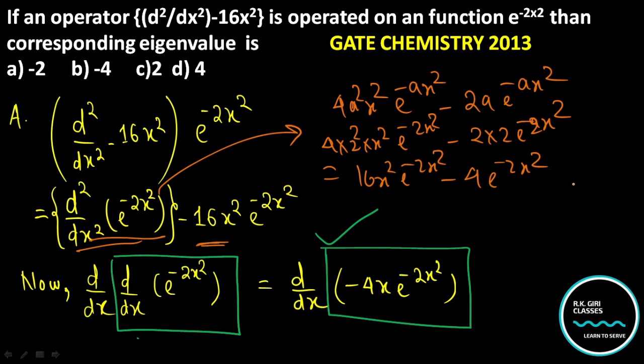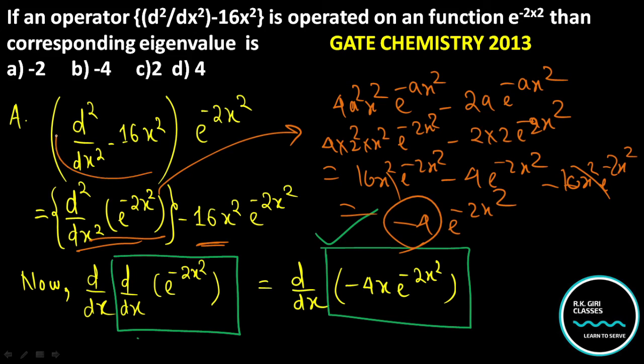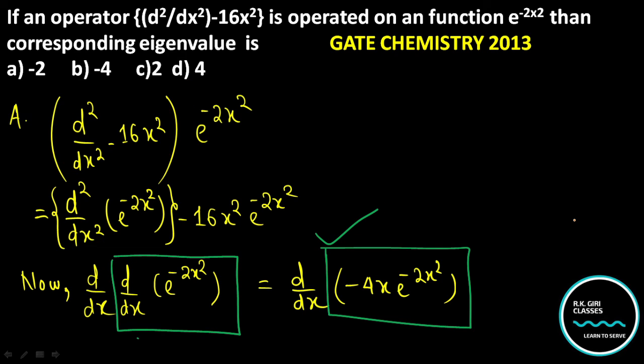And this one minus 16x square e to the power minus 2x square. Okay, so cancel this one. What was your result? Minus 4 e to the power minus 2x square. So this one minus 4, this was operator A, this one psi 1, this one A psi 1, right? So you have only 6 steps, so don't go for these lengthy steps, just to understand this one. So the answer was option B.